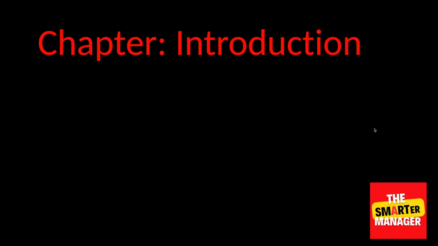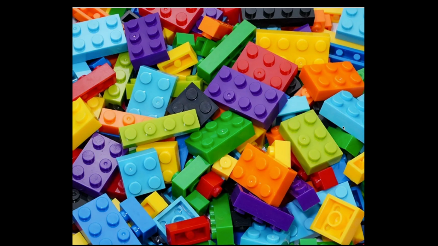So let's continue. This icon here is one that I want to reference, and I'm going to reference it consistently. We all at some point would have played with these building blocks. The building blocks are of different shapes. We have some squares, we have some rectangles, we have some 4x2s, we have some 3x2s.